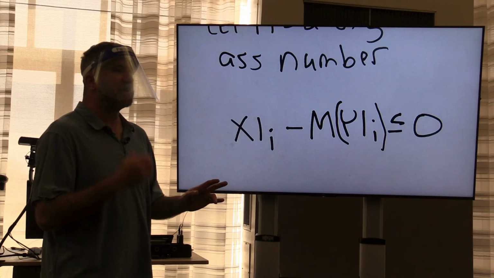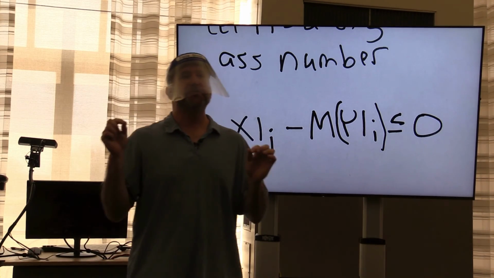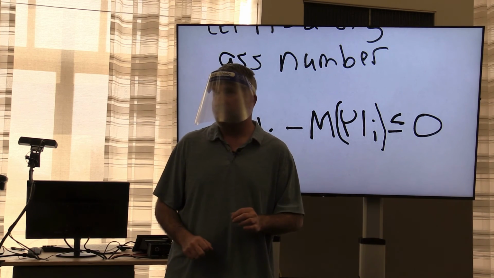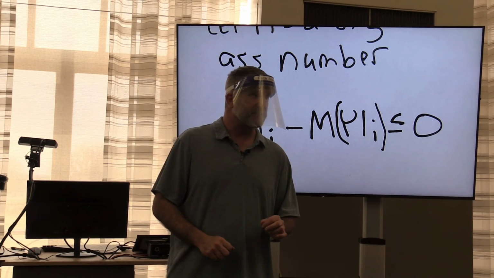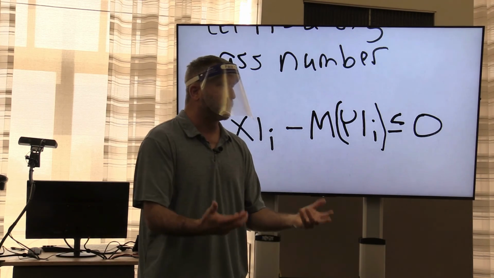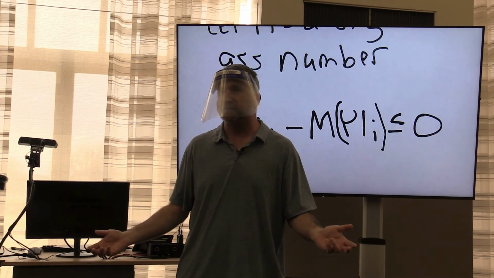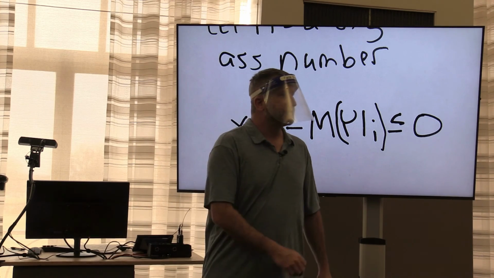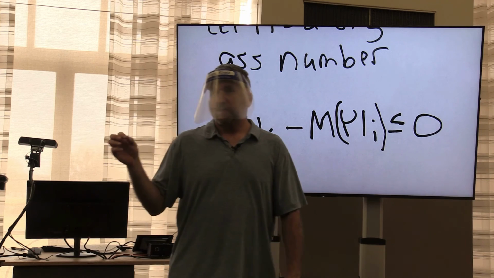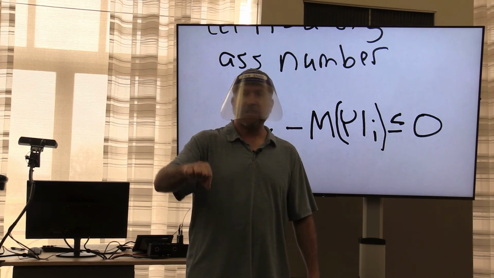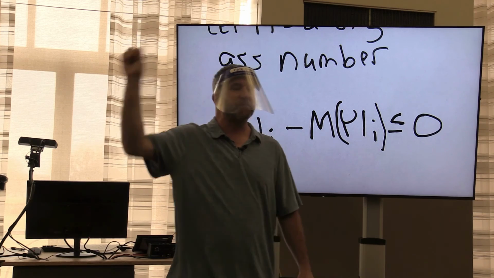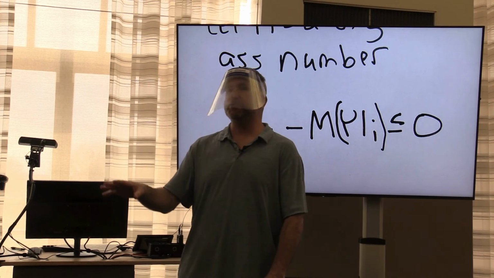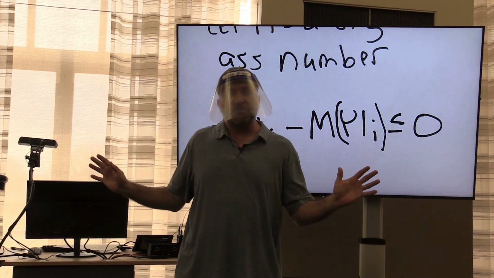And you also have to remember that Excel is never going to want Y1I to equal 1 unless it has to. Why? It's expensive. Excel is trying to minimize cost, and if it sets Y1I equal to 1, it's got to pay that fixed cost. Just like the company, Excel doesn't want to pay this fixed cost.